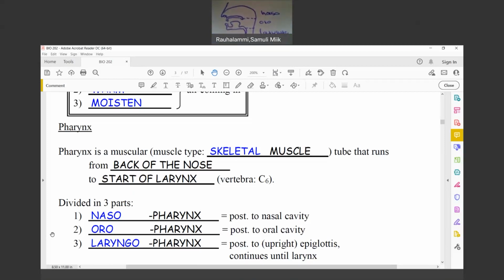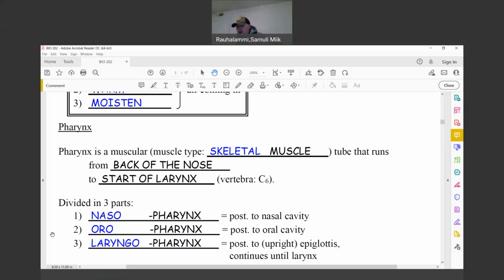The area immediately behind the oral cavity was known as our oropharynx. And the area above the larynx was known as our laryngopharynx. So pharynx is really divided into 3 parts based on the location of each of these parts. So I hope that that helps you as you're making sense of that structure.